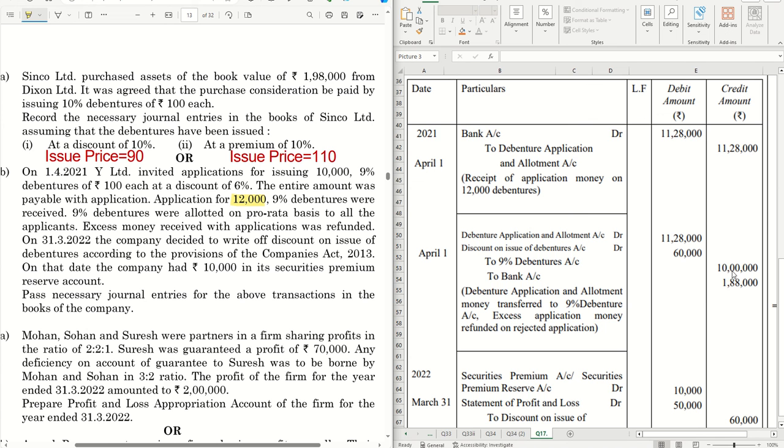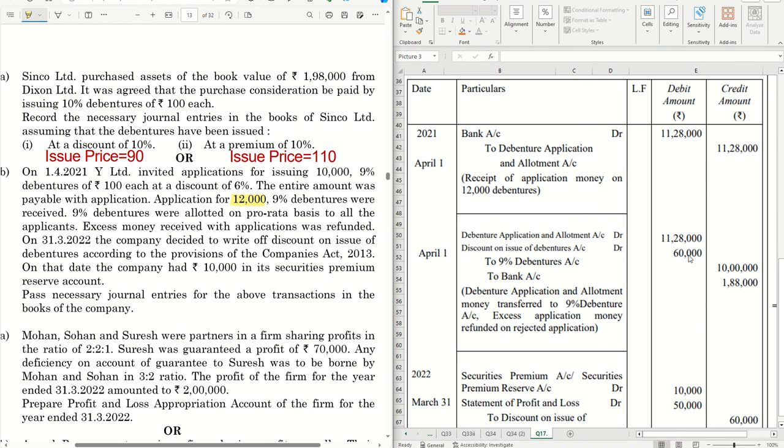So 10 lakhs is created here. Debenture application allotment account will be debited by the same amount with which we have created it here. And discount on issue of debenture, which is 6%. So 6% of 10 lakh, 60,000, is the discount.